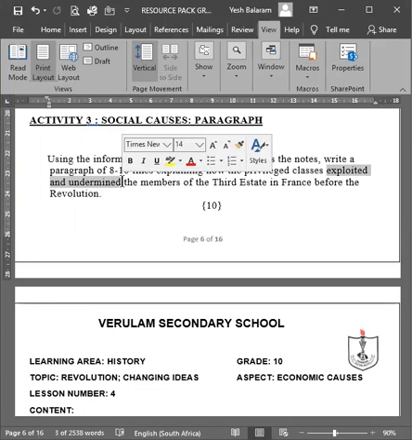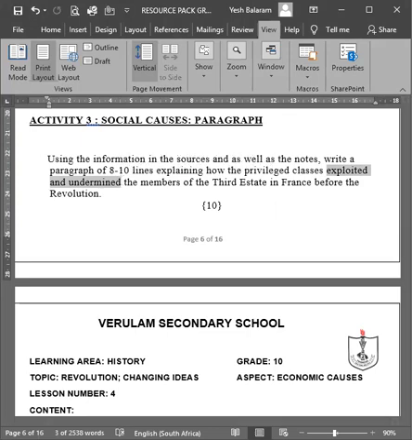Remember to phrase the sentences in words you understand. Because when you write in the exams, you are not going to be able to remember every word that was given to you in the content. So you rewrite using phrases you understand.